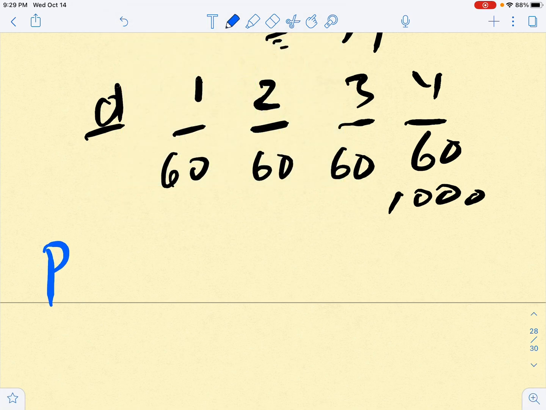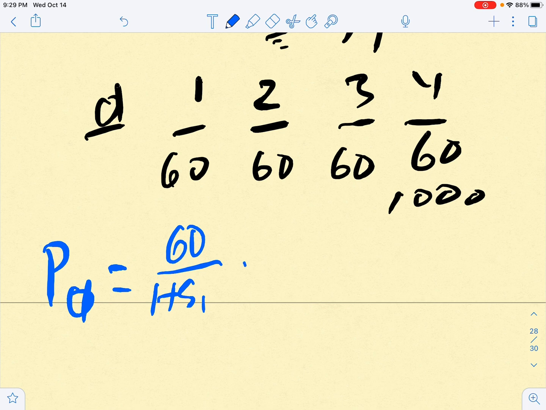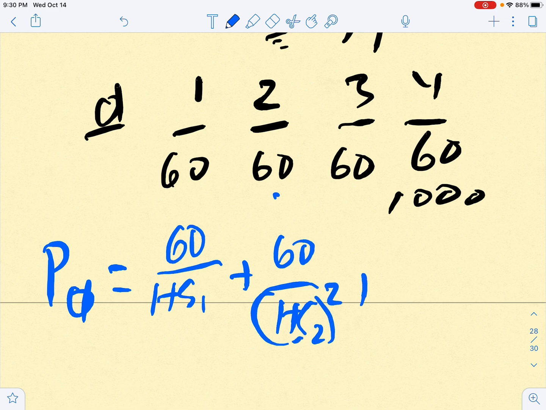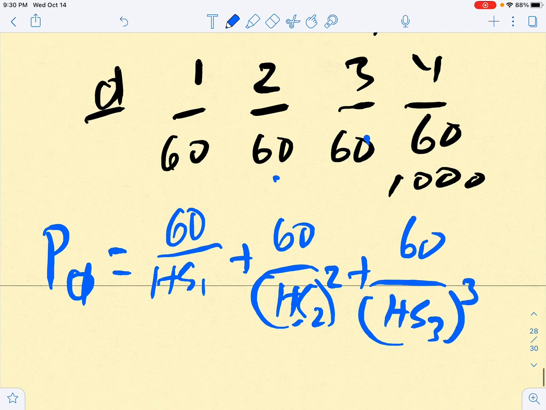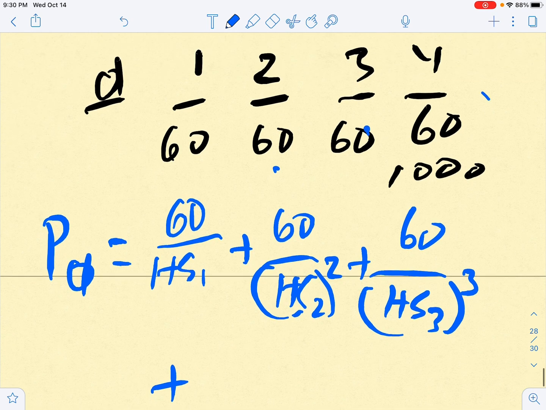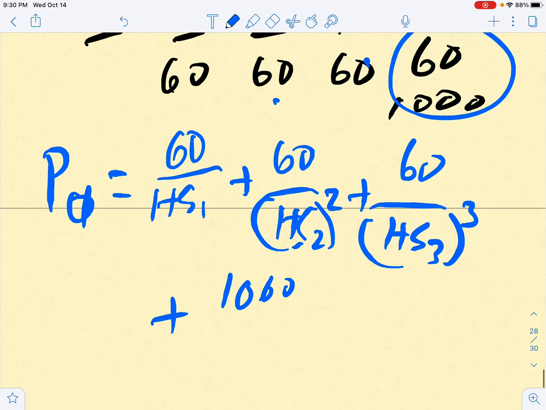The price of the bond at, say, date 0 will be 60 divided by 1 plus the 1-period spot rate, plus 60 divided by 1 plus the 2-period spot rate squared, plus 60 divided by 1 plus the 3-period spot rate cubed, plus that cash flow, 1,060, divided by 1 plus the 4-period spot rate to the 4th power.